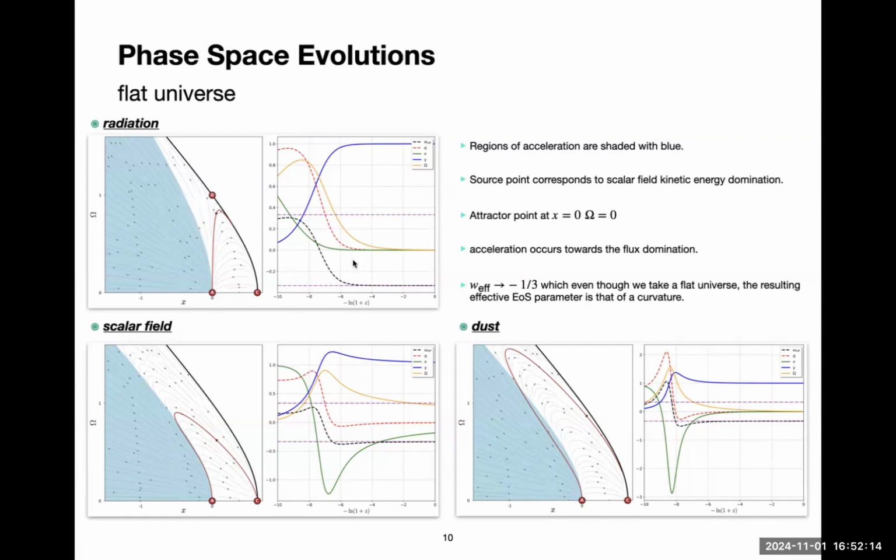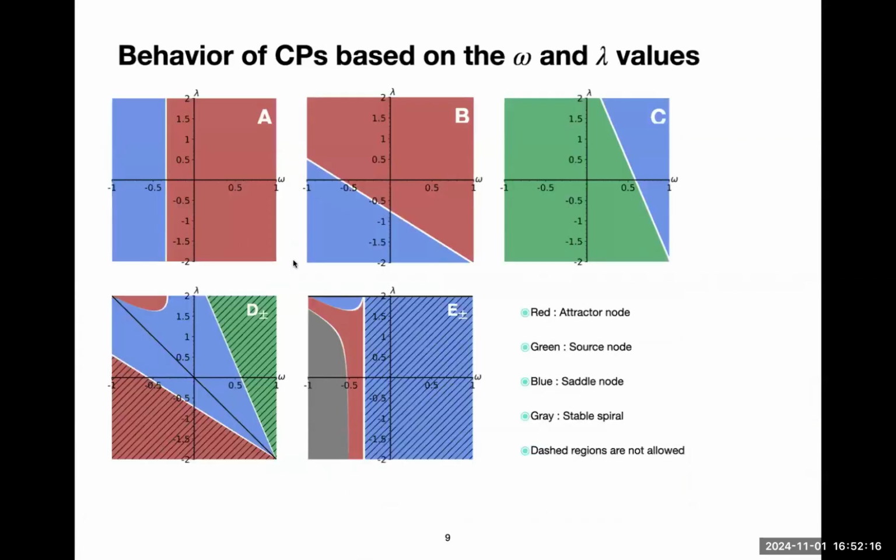Please go ahead. Okay. So in terms of the equation of state parameters omega and lambda, we see that the points change characteristics. Here you see the red shaded areas are the attractor nodes, greens are the source nodes, blues are the saddle nodes, and grays are the stable spirals, which are called the focus points.